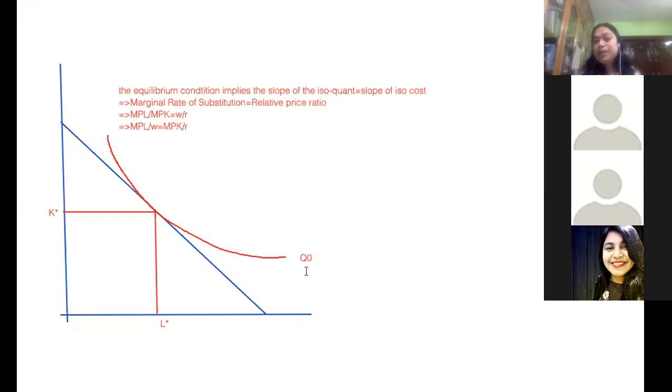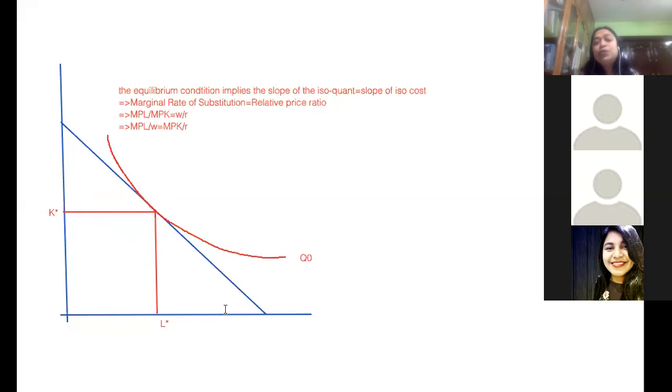So higher cost generating the same level of output can never be optimal. The optimal combination of labor and capital occurs where the iso-quant is tangent to the iso-cost. And at the tangency point, the slopes of the two curves are equal. The slope of the iso-quant is the marginal rate of technical substitution, and the slope of the iso-cost is the relative factor prices.